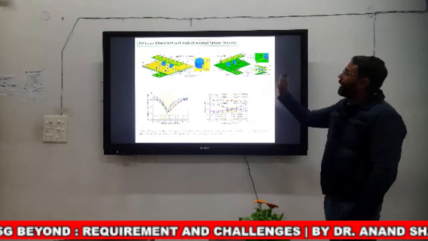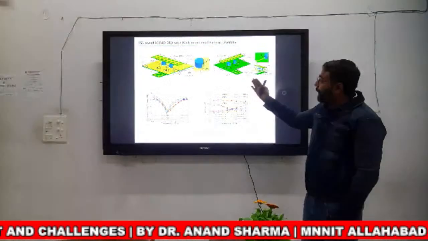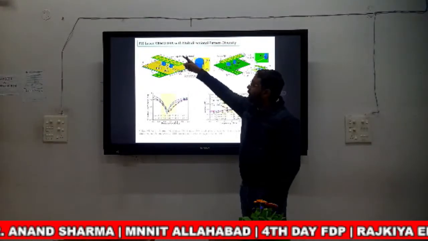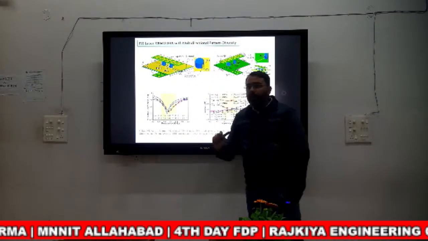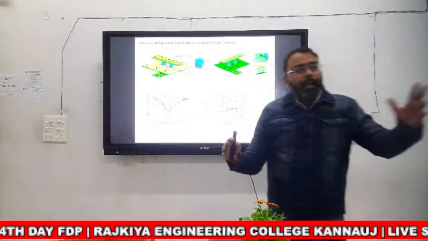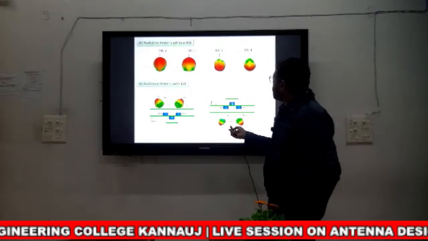Now this is another technique. How can we enhance the isolation using far field? Here we are using a frequency selective surface over the antenna, and the frequency selective surface creates a phase gradient, and as the phase gradient is created, the radiation pattern is tilted.